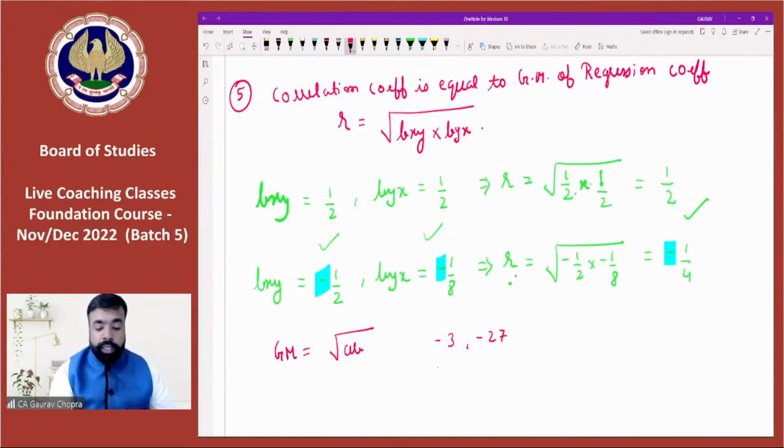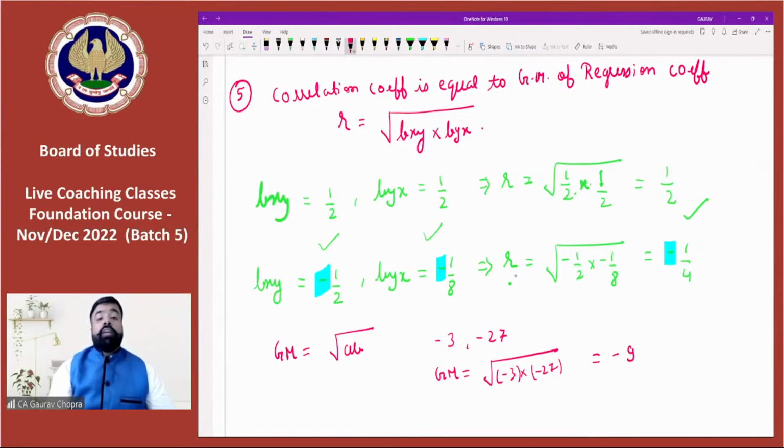Geometric mean is equal to root of minus 3 multiplied by minus 27. So it will be 3 into 27 is 81. Root of 81 is 9. But we have to select the negative sign. We cannot select the positive sign because the average of negative numbers will always be negative. So it cannot be positive.